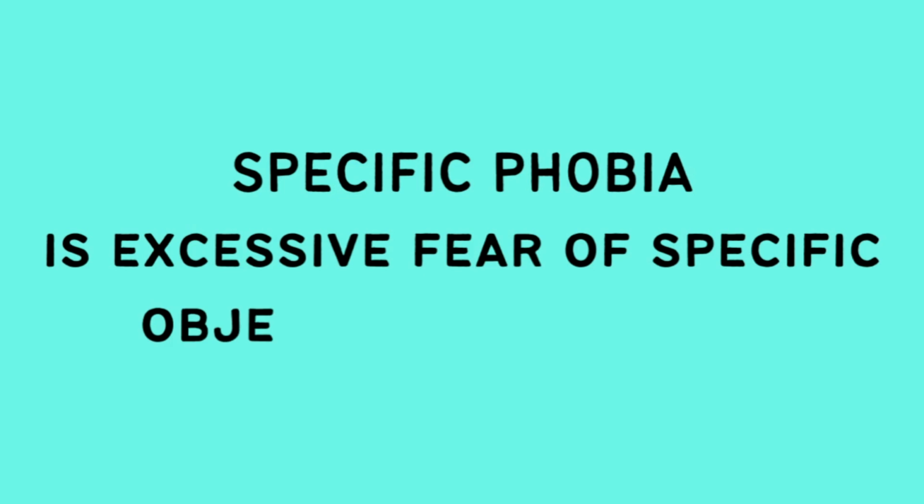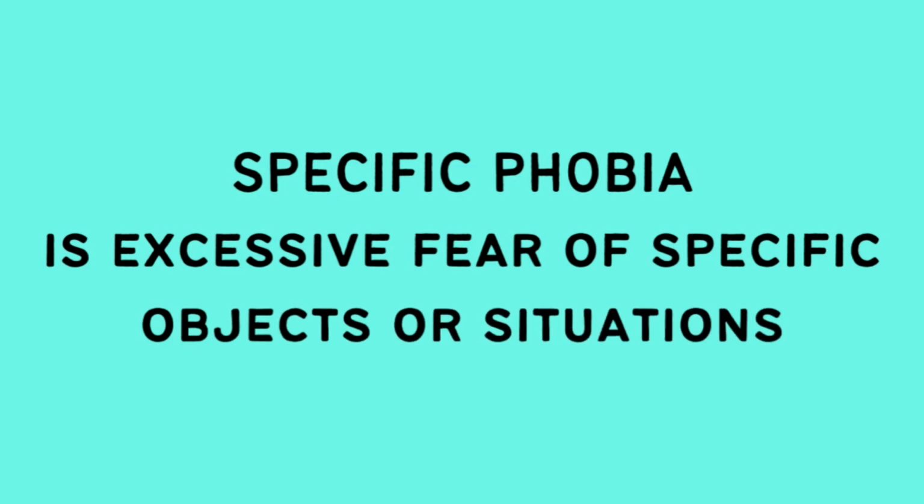There are different types of phobias. We just want to talk about 3. First is specific phobia, like fear of specific objects. Second is social phobia, and the third one is agoraphobia. Specific phobia is the most common type of phobia, okay? A specific phobia is the excessive fear of specific objects or situations.